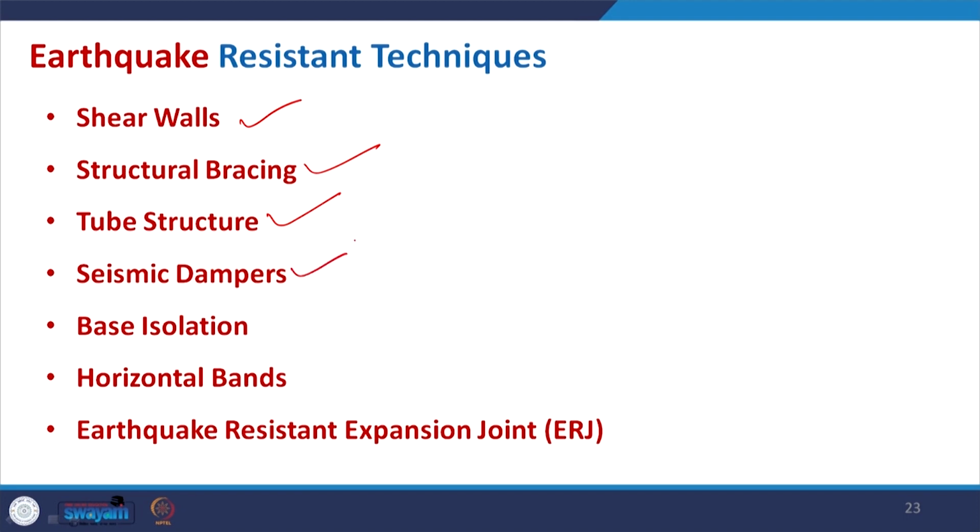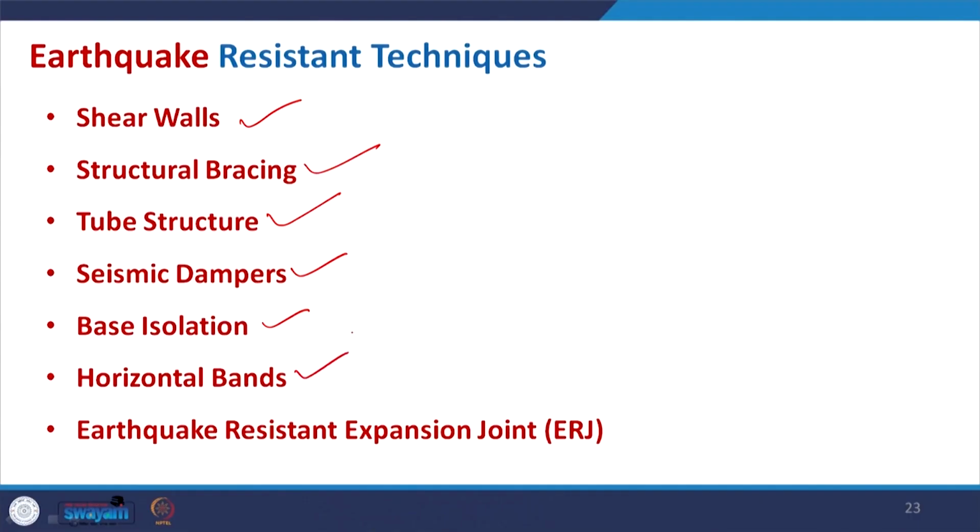Then the seismic dampers will actually help to damp that movement, and then there will be less effect on the structure. Then base isolation is another technique, where during the earthquake your whole superstructure is isolated from the base with some base isolator, and then there will be less impact on the building.